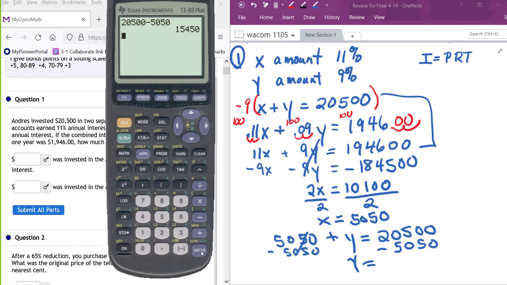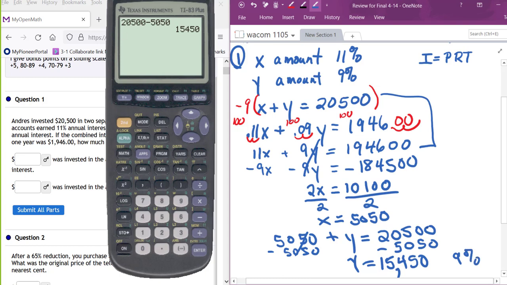So 15,450, and this would be at the 9%. This was at the 11%.